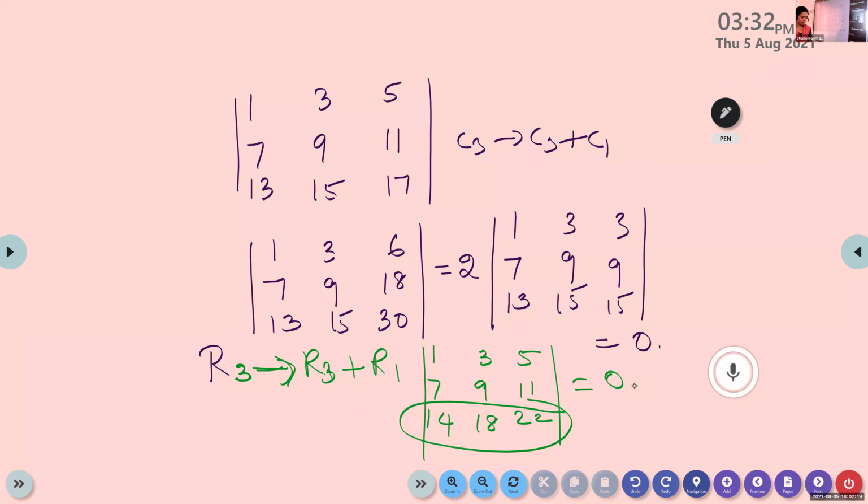Tell me the 3 row operations you have learned. Ma'am, interchange of 2 rows, multiplying a row by a non-zero scalar.